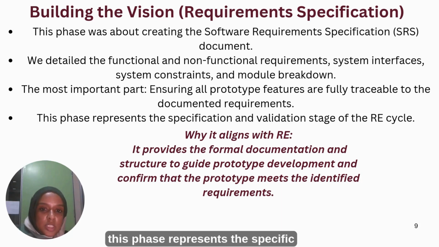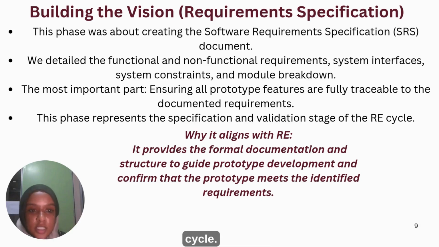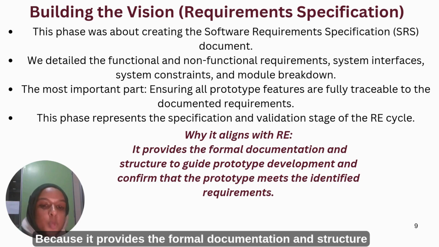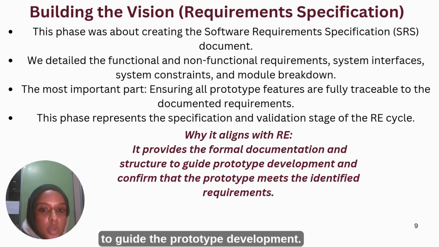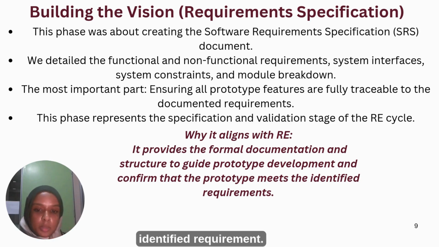This phase represents a specific and valid stage of the RE cycle. It aligns with the requirement engineering cycle because it provides formal documentation and structure to guide the prototype development and confirms that the prototype meets the identified requirements.